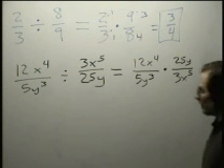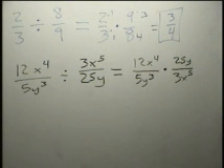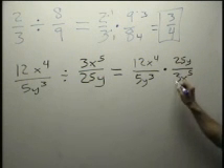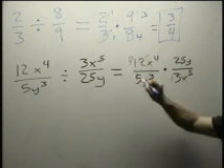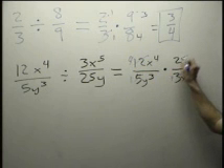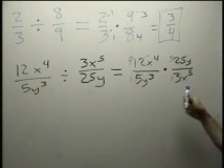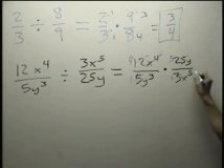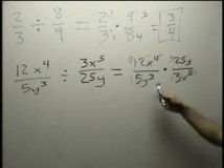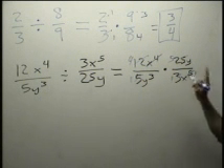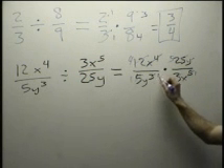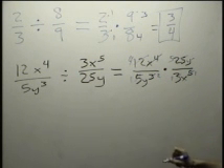And again, canceling common factors. There's a 3 in common here, a 5 in common here, x to the 4th and x to the 5th, so 4 x's in common, and y cubed and y, so 1 y is in common, leaving 2 down here.